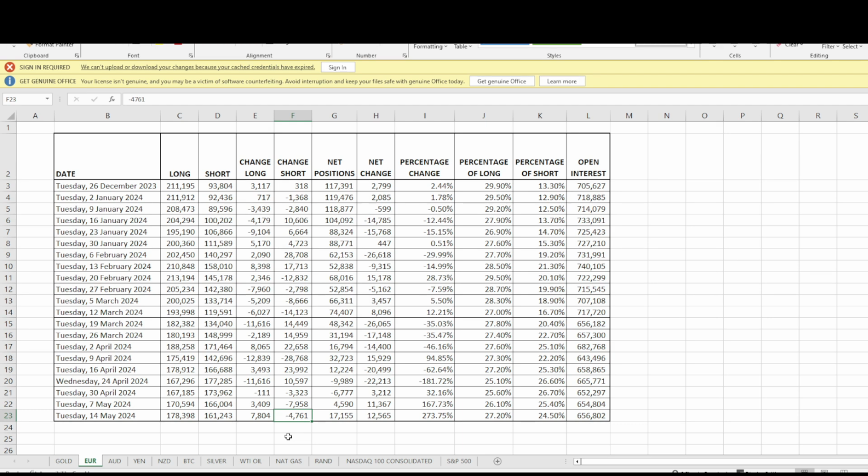Now when it comes to the longs, we see previously they had closed 111 longs, but then they now took more longs, taking 3,400 new longs, and now with their most recent filing they have taken 7,804 long positions within the week.